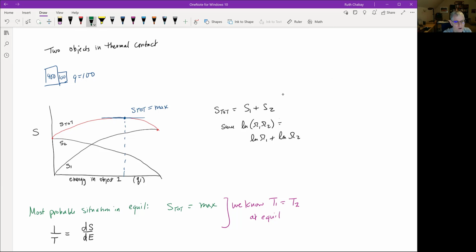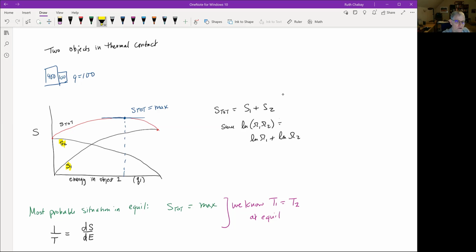We discovered that if we plotted the entropy of object 1, object 2, and their sum versus the amount of energy in object 1, we got graphs that look like this, where the entropy of object 1 increases as more energy gets put into object 1, because there are more ways to arrange more energy. The entropy of object 2 decreases as more energy goes into object 1, because there's less energy to arrange.